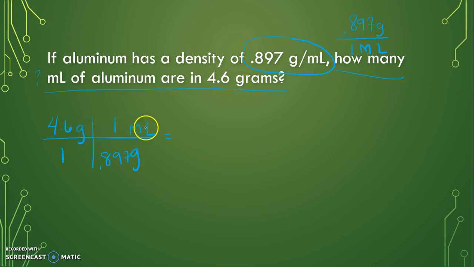You are multiplying across the top, and quite frankly, if you need to do this in 2 steps, like I did, you can. Grams is canceled, so it's 4.6 milliliters divided by 0.897. You will get 5.1282 and a bunch more digits.